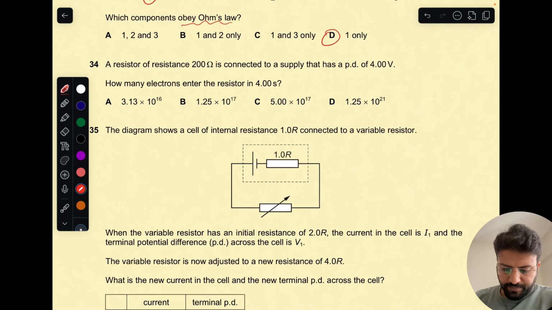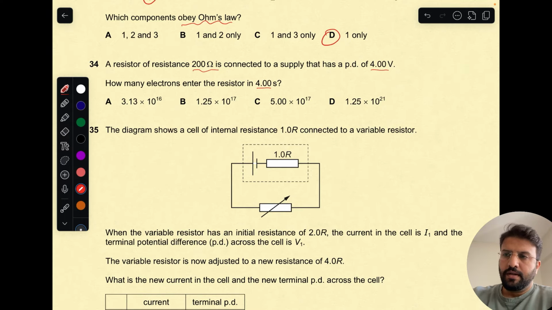Okay. A resistance of 200 ohm is connected to a supply of potential difference 4. How many electrons enter in 4 seconds? You have to find the number of electrons.